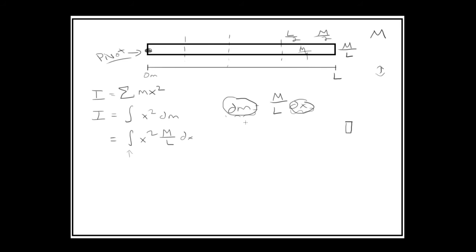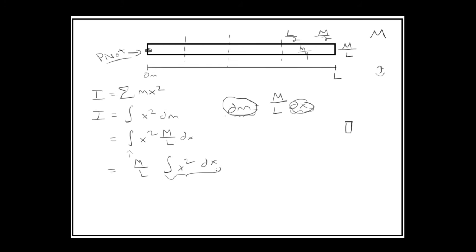So it would be the integral of x squared M over L dx, but since each section is the same, the ratio M to L must be the same. Therefore, M over L is a constant, and as we all know, constants can be factored out of the integral. So this is the same as M over L times the integral of x squared dx.